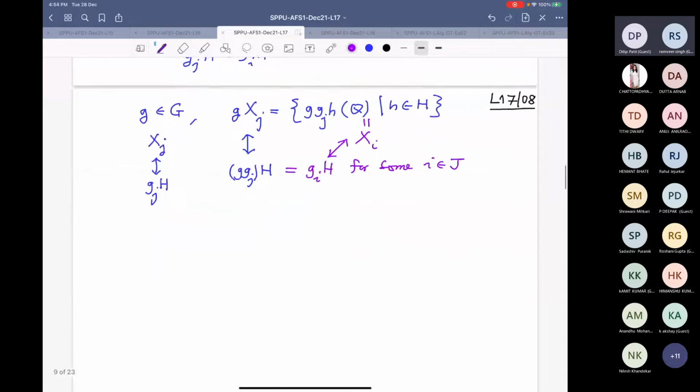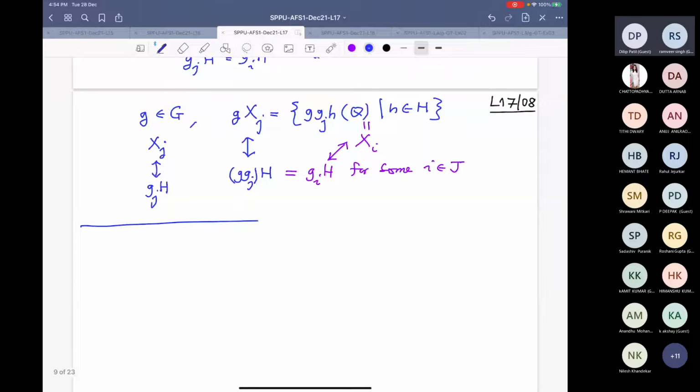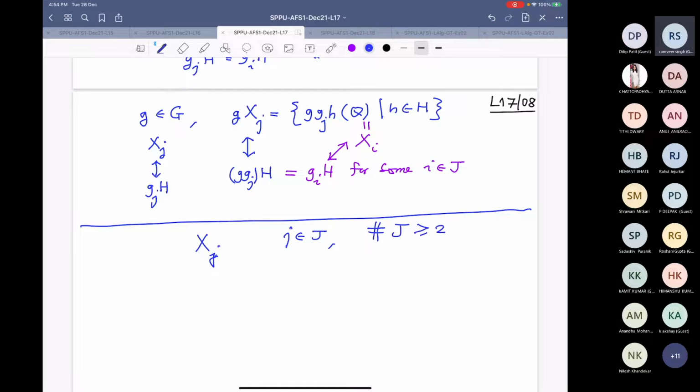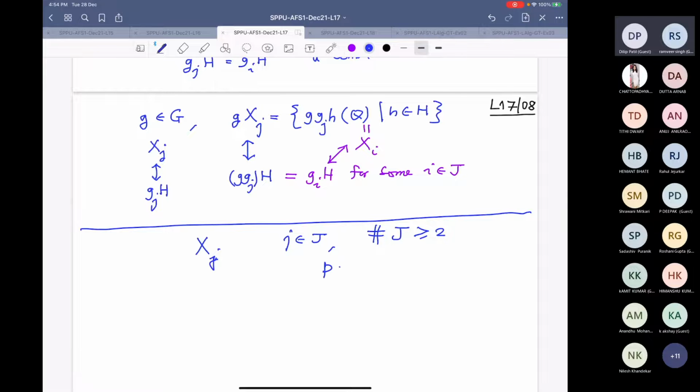Remember, I will write it again. What have we proved? We have proved that these xj's, with j at least 2, form a partition of PV. Right? But now I want to say it's a contradiction.